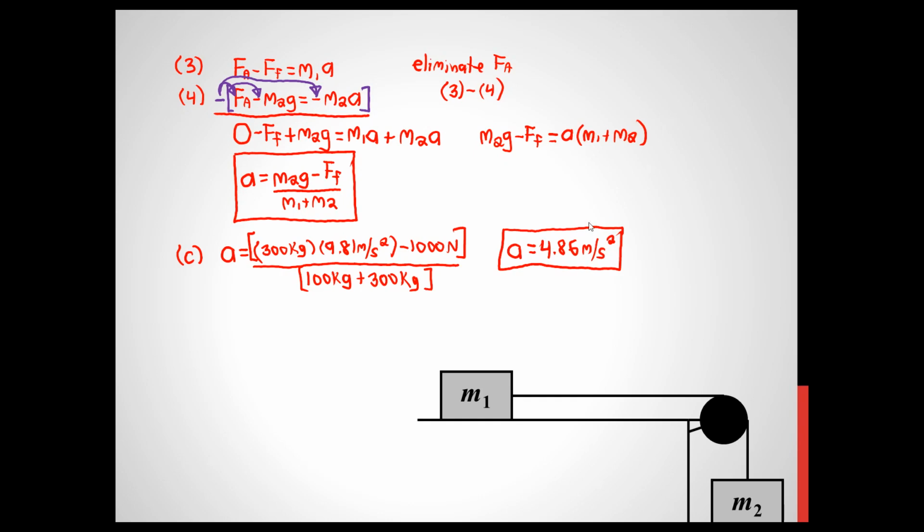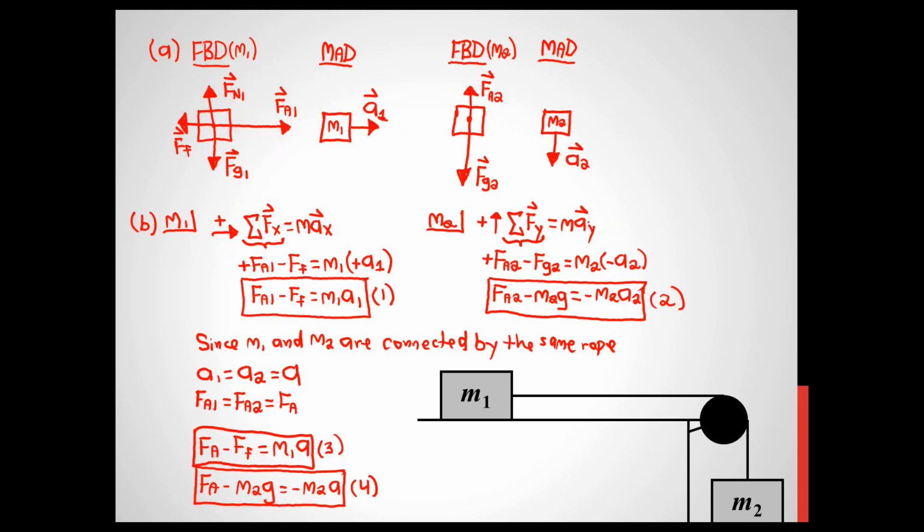So I'm just going to go back to this slide. Okay, look at equations 3 and 4. We can use either of those equations to calculate what the applied force is. All we'd have to do is, for equation 3, add FF to both sides, and for equation 4, add M2G to both sides of the equation.